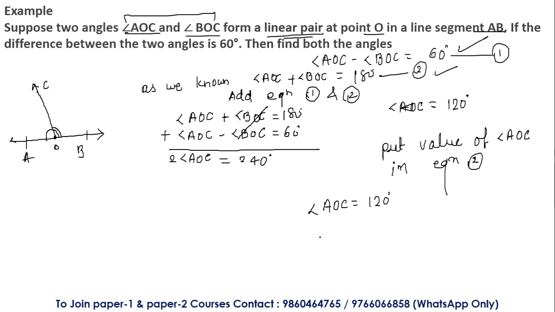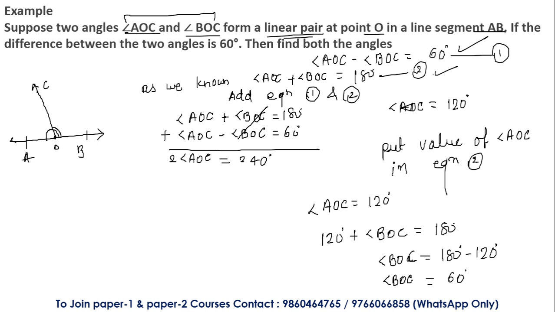So 120 degrees plus angle BOC is equal to 180 degrees. So angle BOC is equal to 180 degrees minus 120 degrees. This will give me 60 degrees. So this is the type of question that can be asked in your examination.